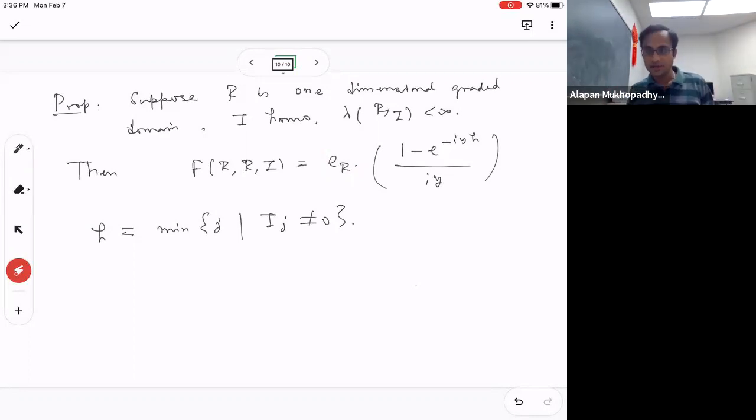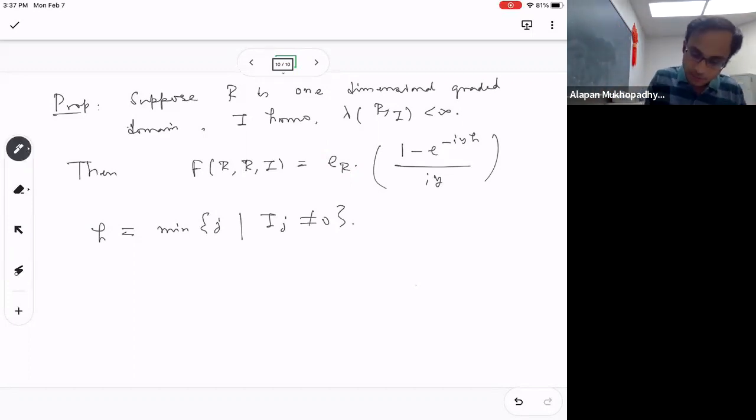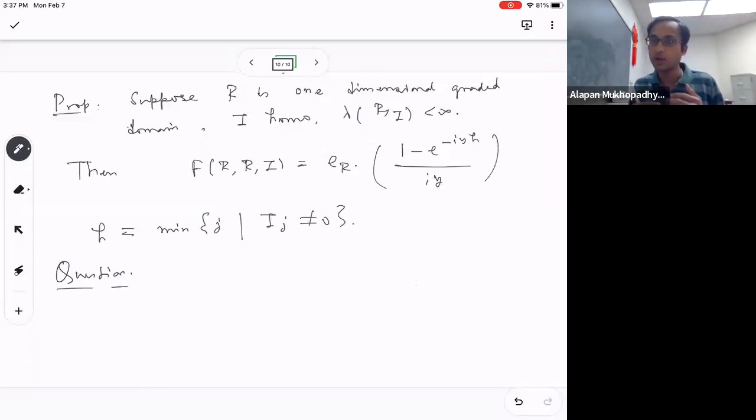Okay, so in all of these examples, note that the Frobenius-Poincare function has the following form. It's a polynomial in e to the power minus y, and then the denominator is just a power of y. And so it's natural to ask the following question. Previously we were wondering whether the Frobenius-Poincare function has special structures and forms, and all the examples show that they have special structures, although the examples are a bit handful. So I pose the following question.